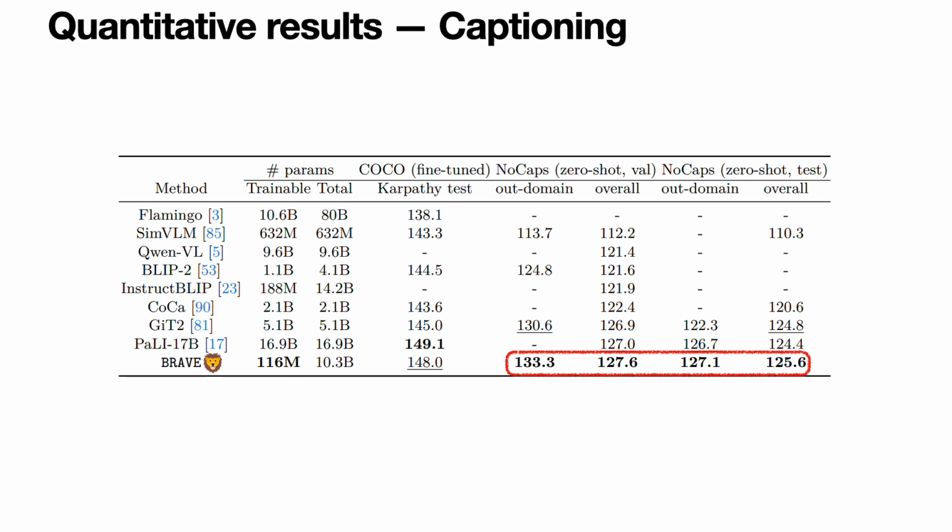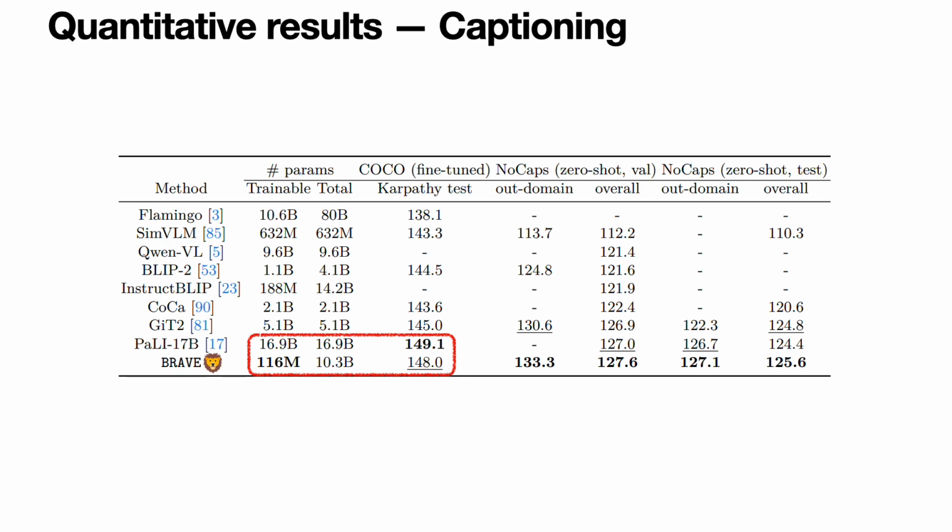Quantitatively, results on captioning benchmarks show the significant improvements achieved by Brave. It achieves the best results on NoCaps evaluation sets for both out-of-domain and overall benchmarks. For COCO captioning, Brave achieves the second best result after PaLI while using significantly fewer trainable parameters, less pre-training data, and lower image resolution.